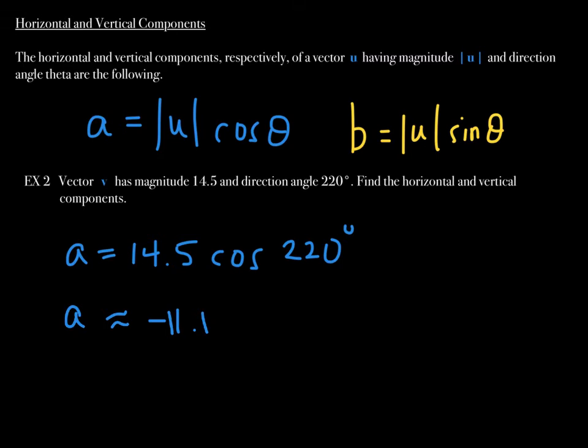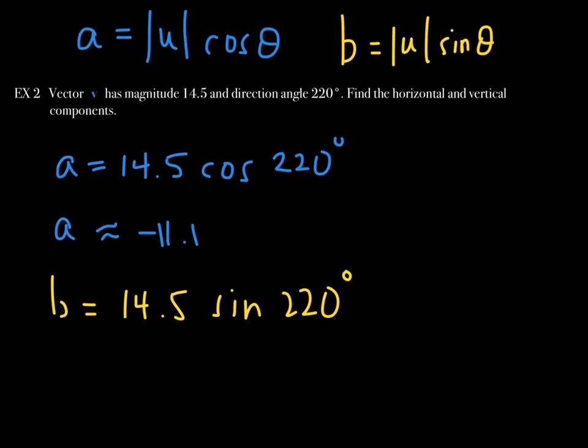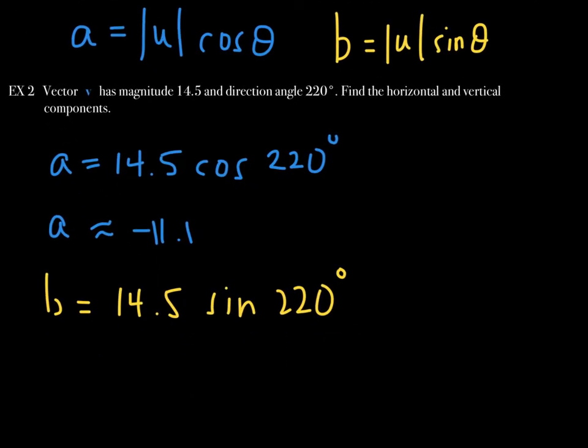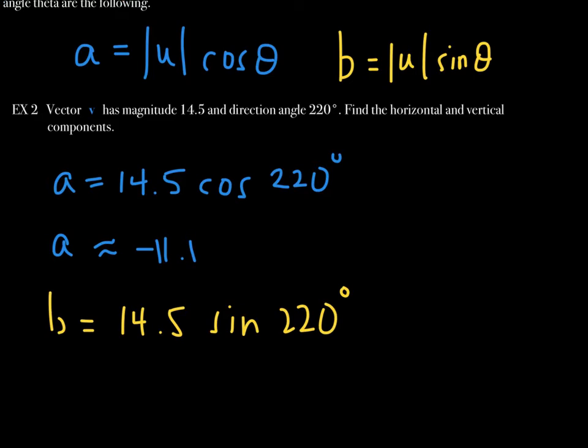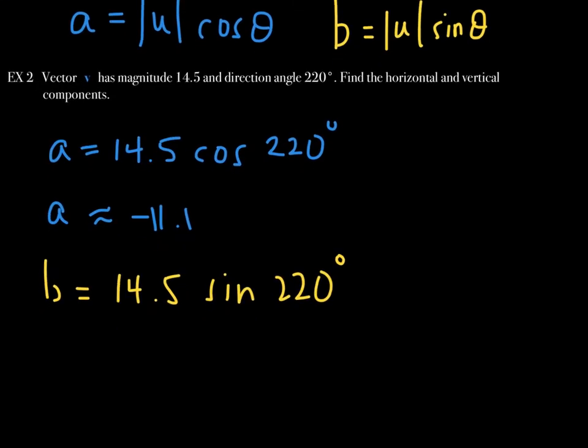Cool? Let us find now the vertical component. The vertical component is similar. It's 14.5 times sine of 220 degrees. Now, again, it's still going to be negative because sine is also negative in quadrant 3. And okay, I'm getting B is about negative 9.3.